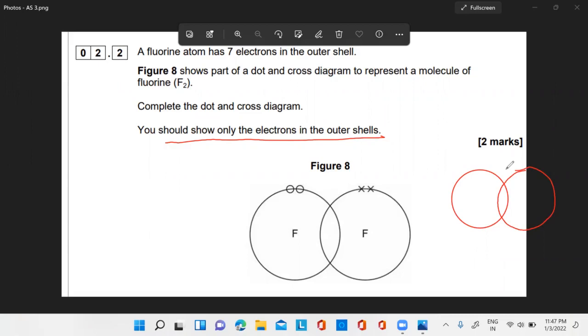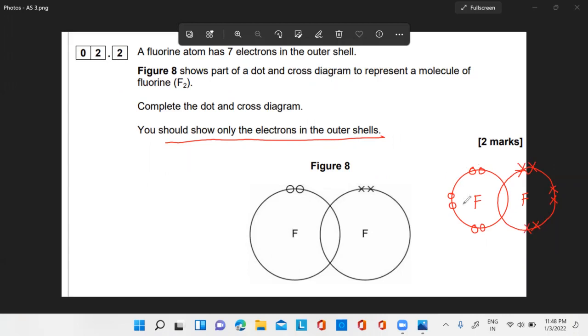So I will be showing only the outermost shell. Since there are 7 electrons, I would like to draw it like this: 1, 2, 3, 4, 5, 6, and the dot structure of the other one: 2, 3, 4, 5, and 6.